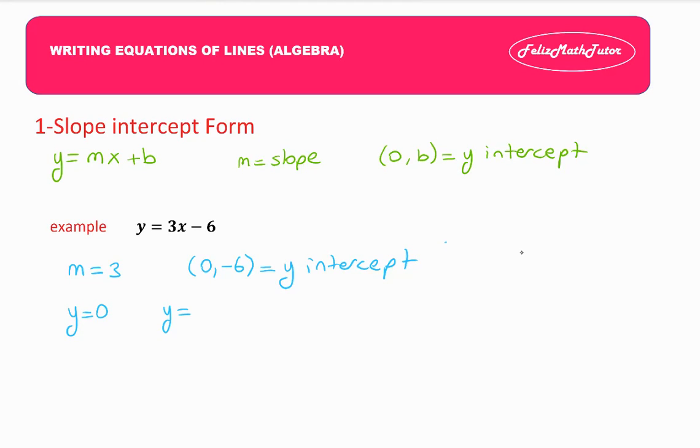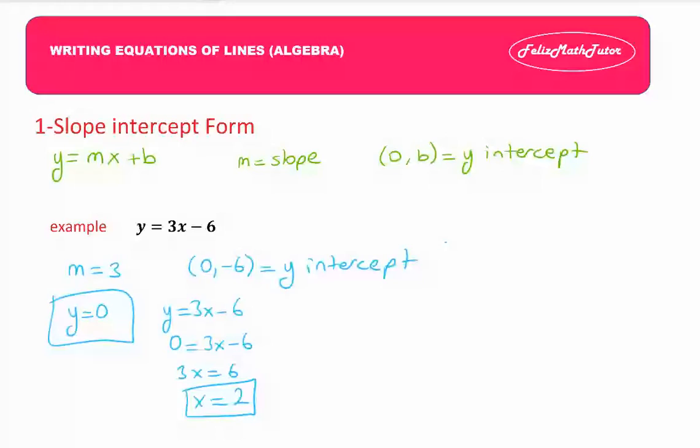Our equation was y equals 3x minus 6. I put 0 for y, so 3x minus 6 equals 0, so 3x equals 6, x equals 2. So I have 2 points, which are (2, 0) and (0, negative 6). Now I can graph my equation.